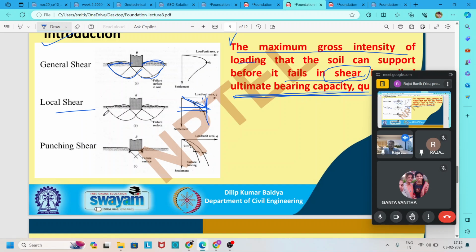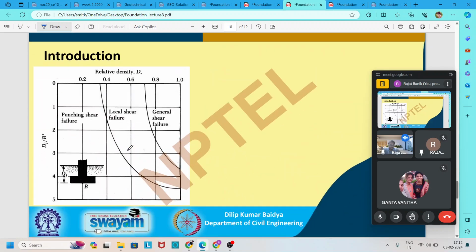In local shear failure, the failure surface is not predefined or visible, and the ground heave is also not very visible. And in punching shear failure, only one failure zone is created below, and the foundation is punching into the ground surface. So you have to remember this also.